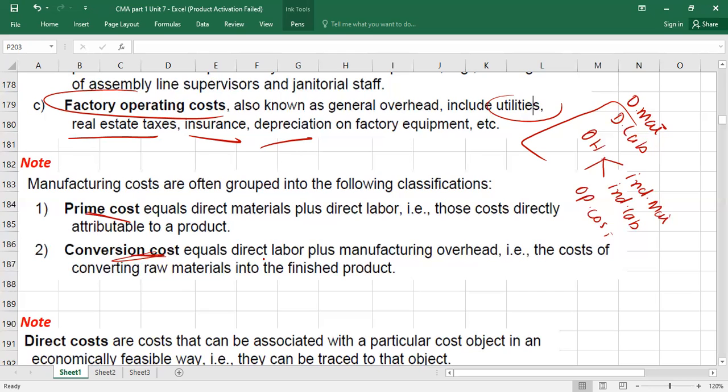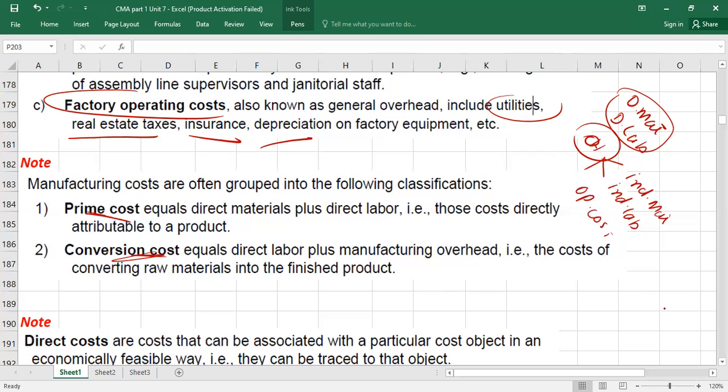That is called conversion cost. And please also note, guys, direct material and direct labor are also called direct cost. And overhead is also called indirect cost. Please remember, okay? Understood? So four definitions I told you here: prime, conversion, direct, indirect.